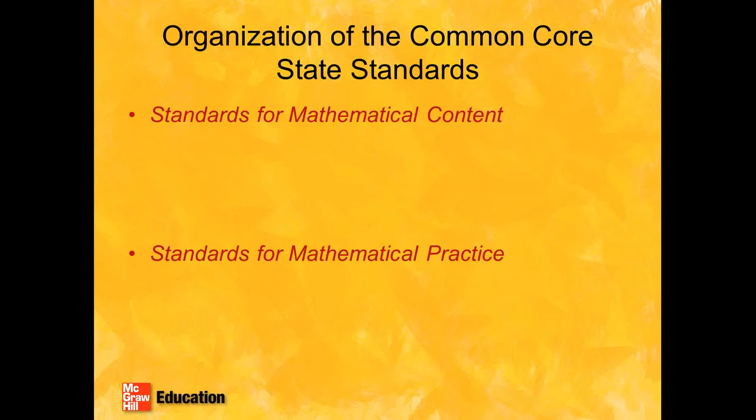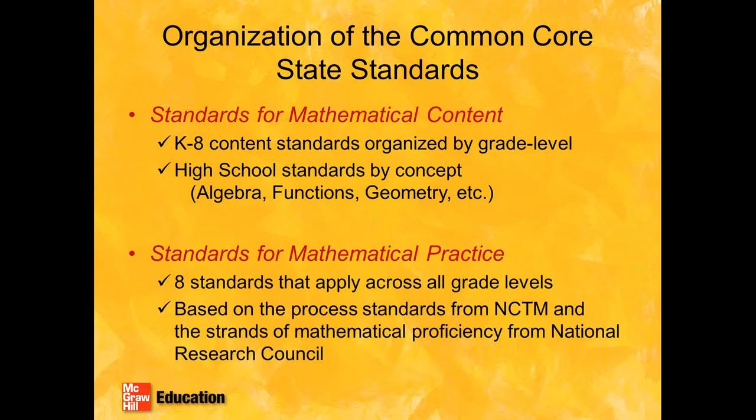The Common Core State Standards include two different types of standards: the content standards and the mathematical practice standards. The standards for mathematical content are organized by grade level in grades K through 8, and then by content or concept in high school. There are also 8 standards for mathematical practice.